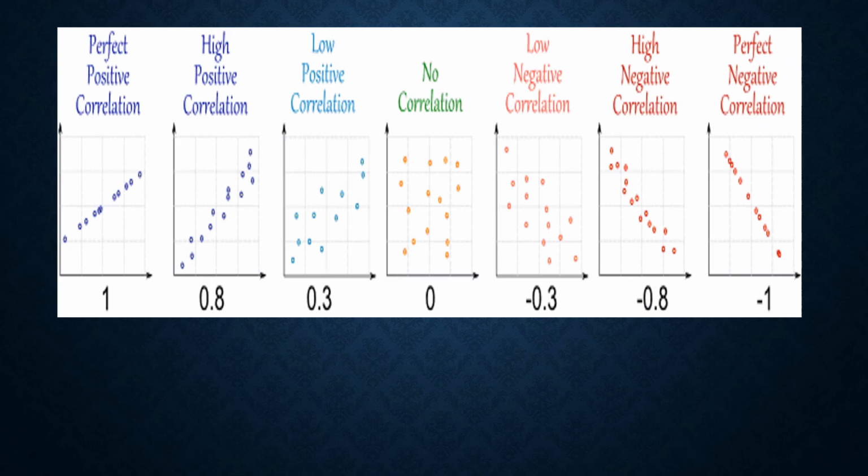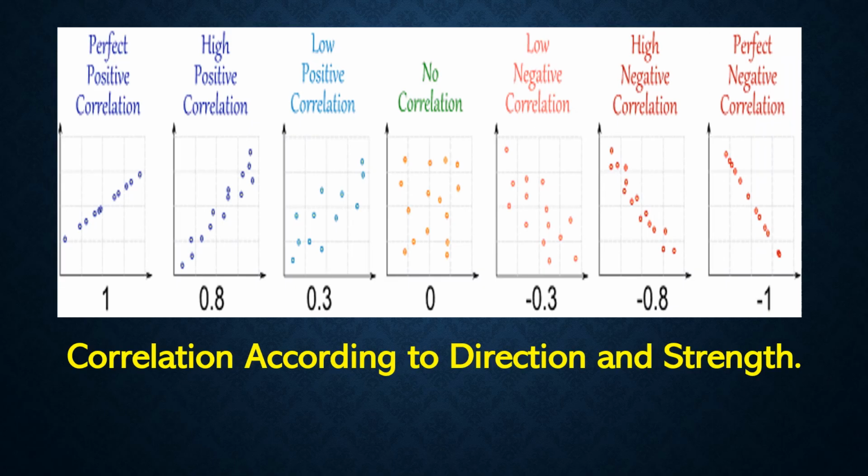Now, we also have the correlation according to direction and strength. We have perfect positive correlation. We can have perfect positive correlation if you can form a straight line going upward. However, if the points are a bit scattered but you still see a positive direction, your correlation is a high positive correlation.